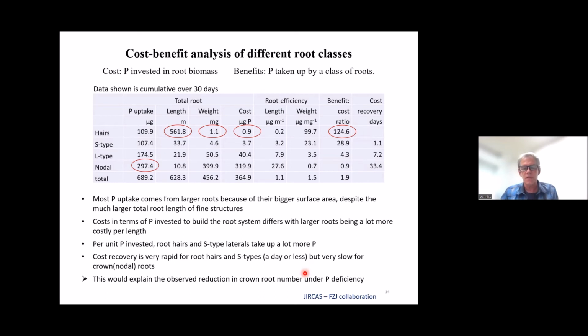It makes sense to us now that the crown roots are such a big cost to a plant that it would do well to reduce it, unless it can maintain crown root development by higher P uptake.